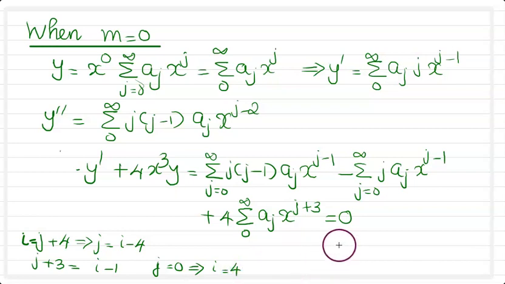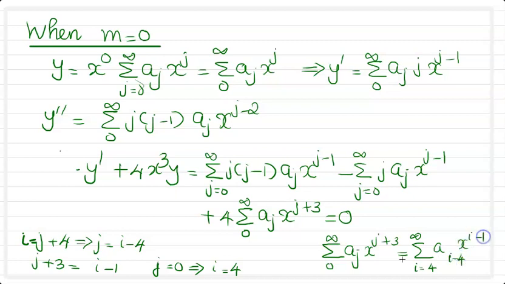Hence, the series sigma 0 to infinity aj x raised to j plus 3 can be transformed as summation over I varying from 4 to infinity a I minus 4 x raised to I minus 1. Here the variable of summation is I, whereas in the first and second series of our equation, the variable of summation is j.